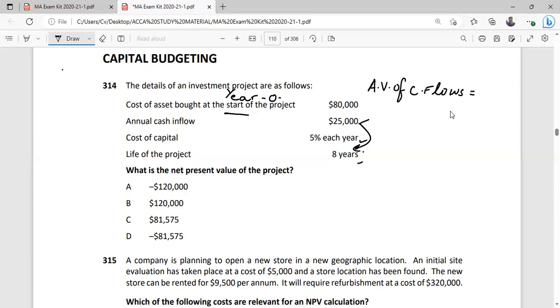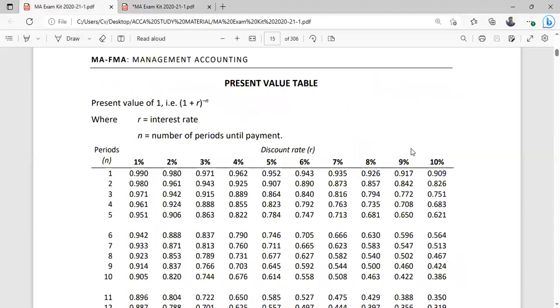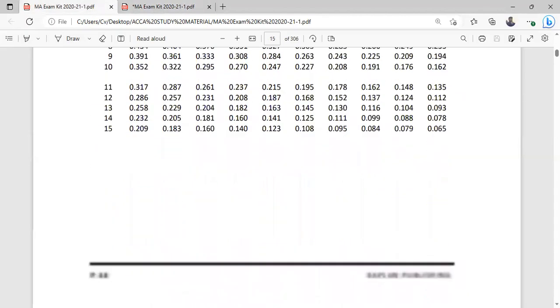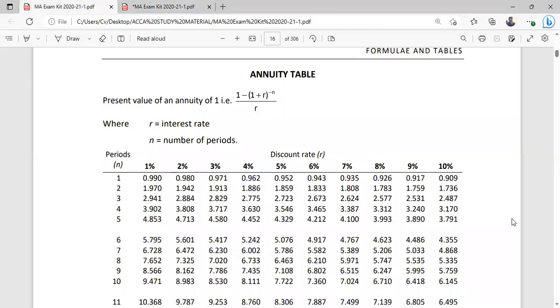Annuity value is equal to your cash flow per year, which is 25,000. Then you will move on to the annuity table. You will look at the annuity factor for 5% and 8 years. So for 5% and 8 years, you have a factor of 6.463.